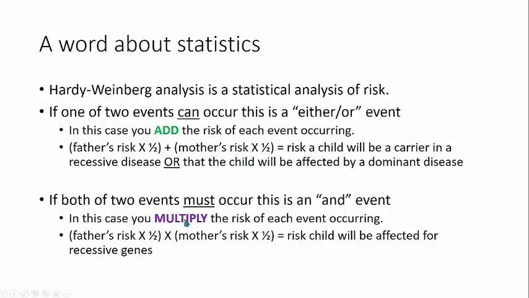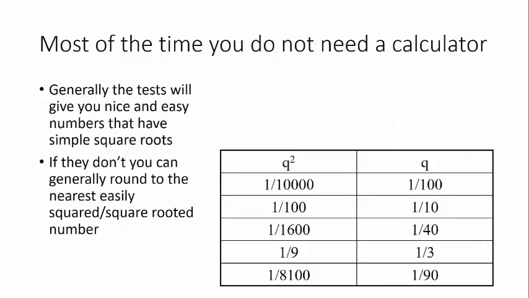But if they must both occur, then we have to multiply them. You would use the can phenomenon when you're looking at the likelihood to be a carrier of a disease that is recessive or that a child will be affected by a dominant disease. Whereas you would use the must when we're looking for homozygosity in a recessive trait.